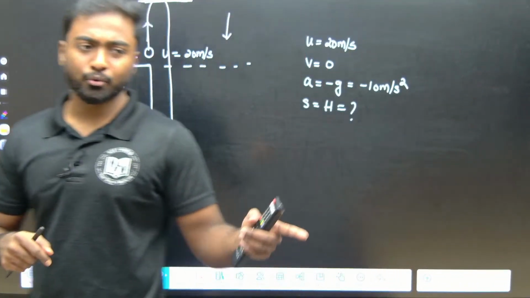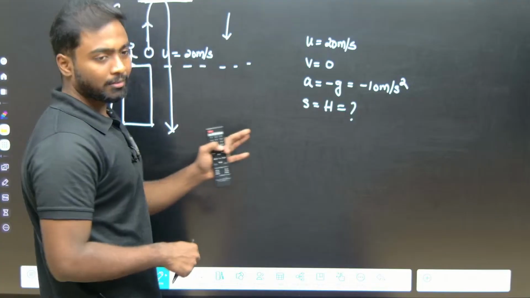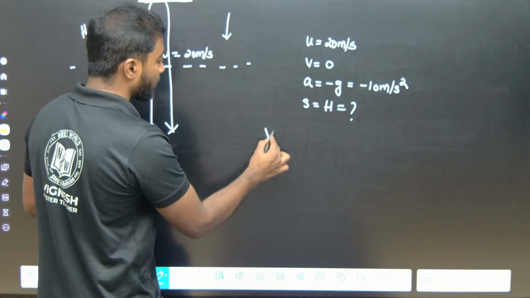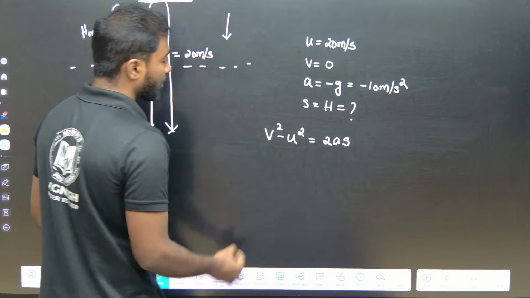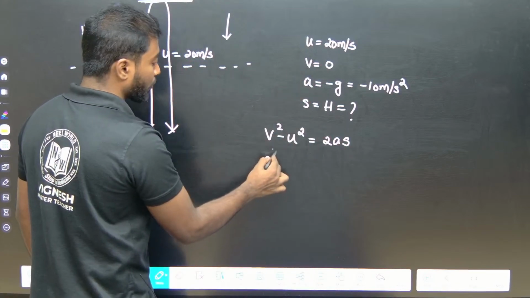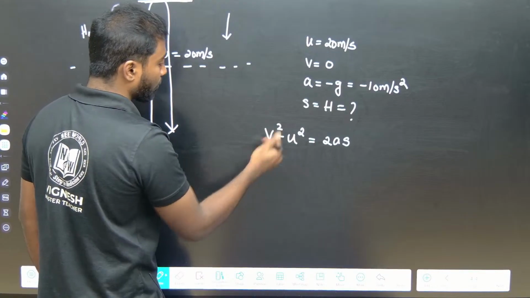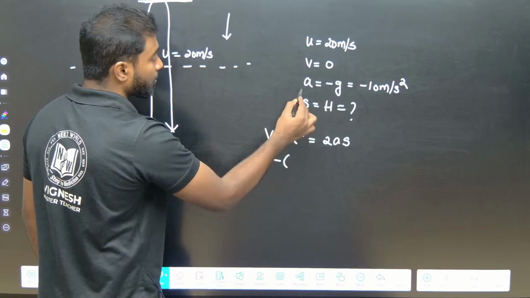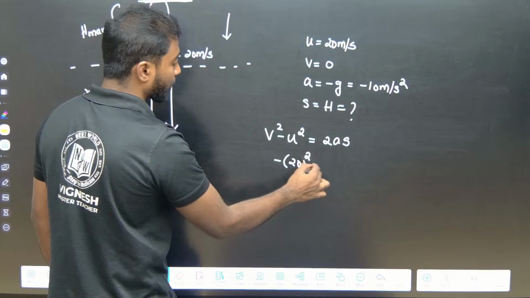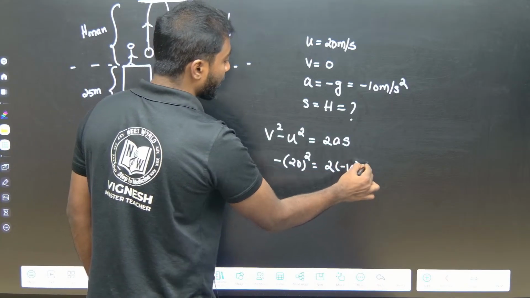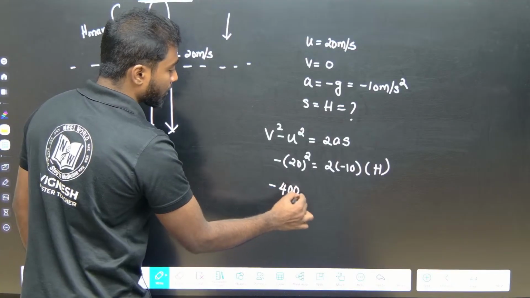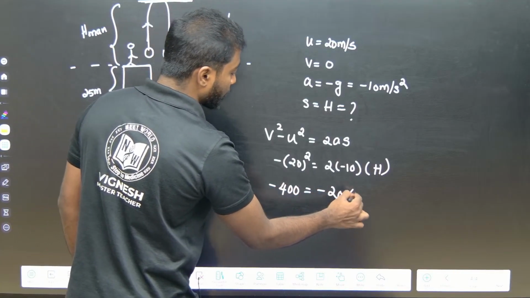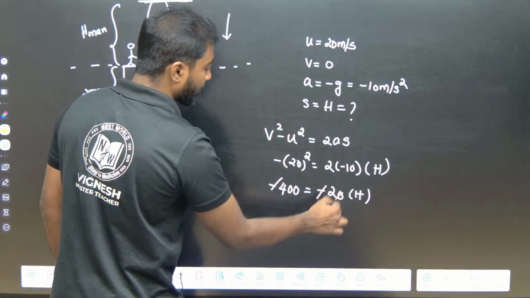The third equation has time, so no need of it. So v square minus u square equals 2as. v is 0, so 0 square is 0, I can neglect it. Minus 20 whole square equals 2 into minus 10 into H, so minus 400 equals minus 20 into H. Minus minus cancel, 0 0 cancel.